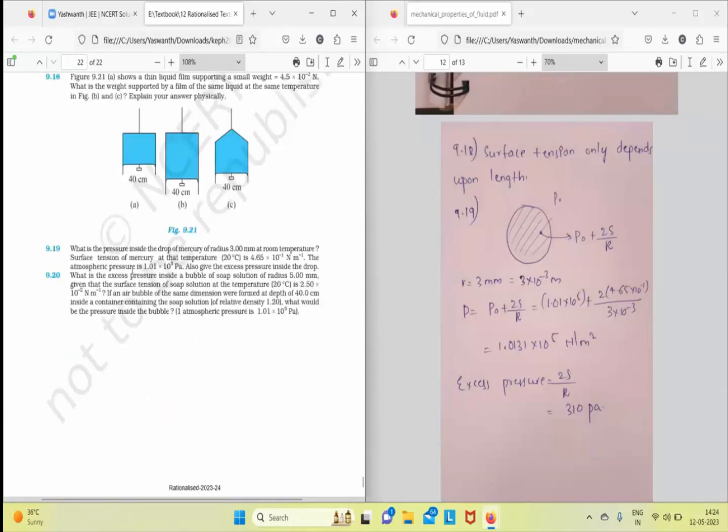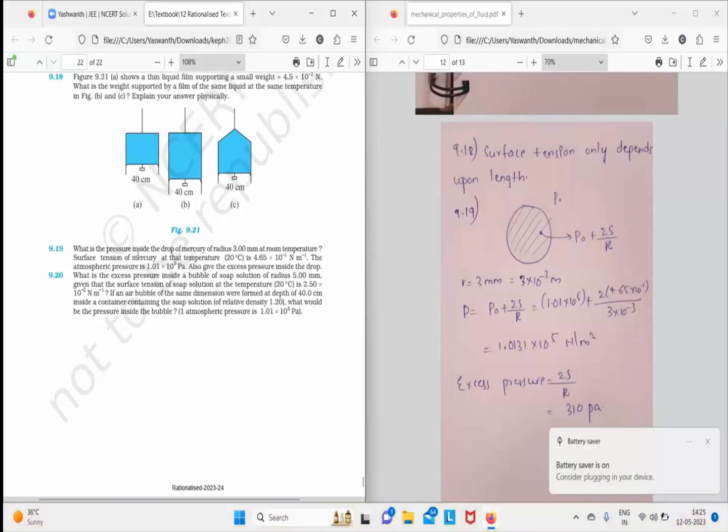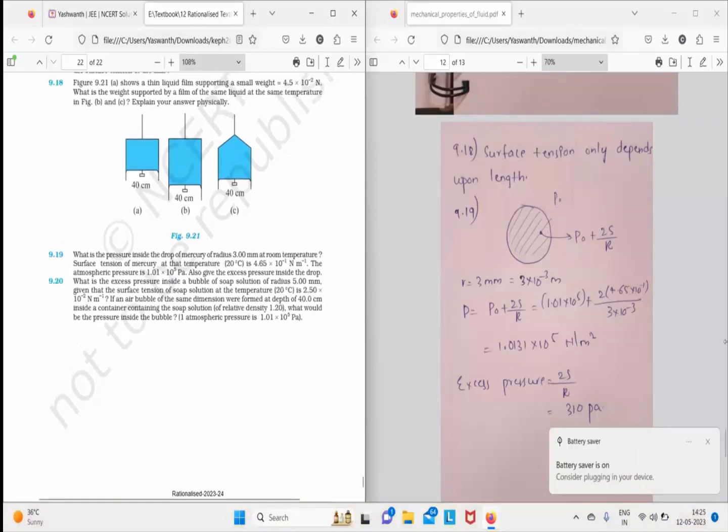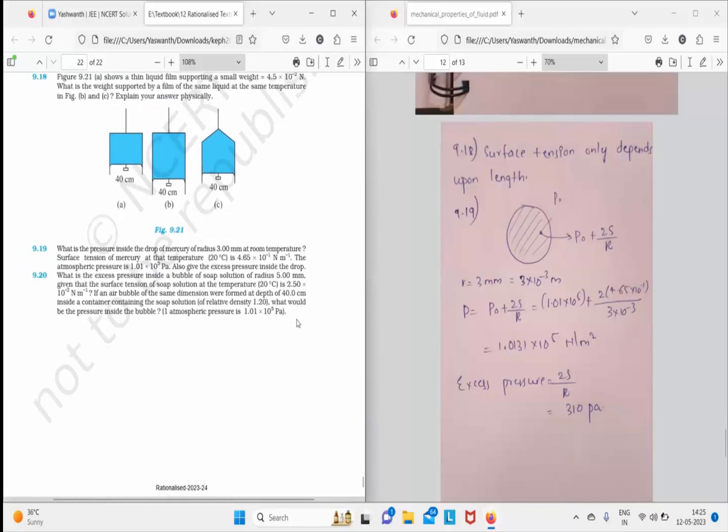These two questions are a little logical and need thinking, so there is a concept behind this. What is the pressure inside a drop of mercury of radius 3 millimeter at room temperature? Surface tension of mercury at that temperature is 4.5 into 10 power minus 1 Newton per meter. The atmospheric pressure is 1.01 into 10 power 5 Pascal. Also give the excess pressure inside the drop.